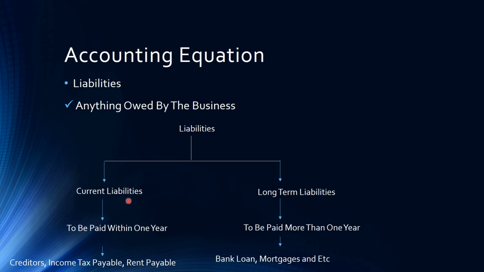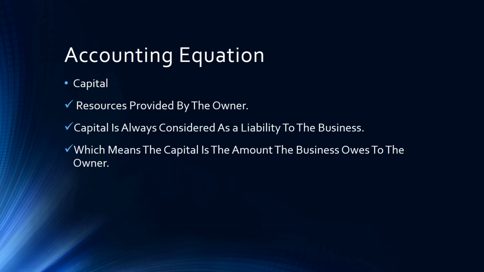Now, long-term liabilities are basically those liabilities which have to be paid after 1 year, or after 5 or 6 years. There can be bank loans that you've taken, the mortgages that you've taken, right? Now, capital is basically resources that are provided by the owner, right?